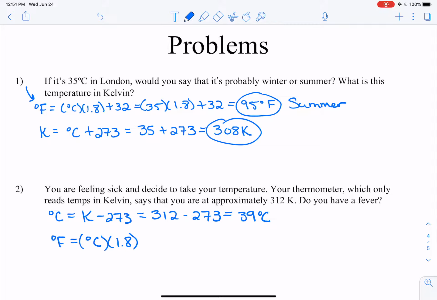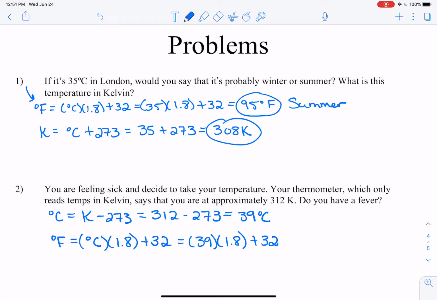But until we figure out a new normal, we're going with 98.6. So we have degrees Celsius times 1.8 plus 32. So we have 39 multiplied by 1.8 plus 32.